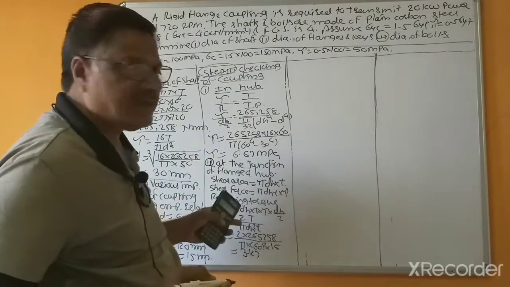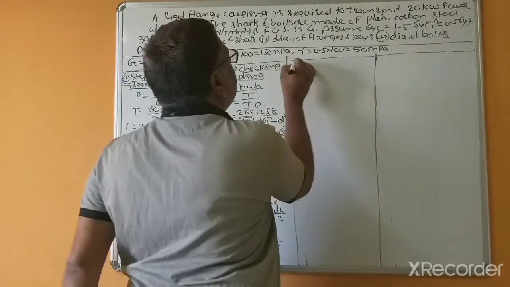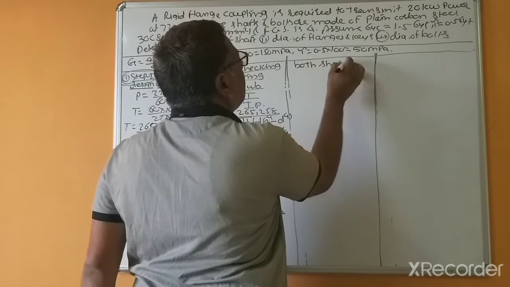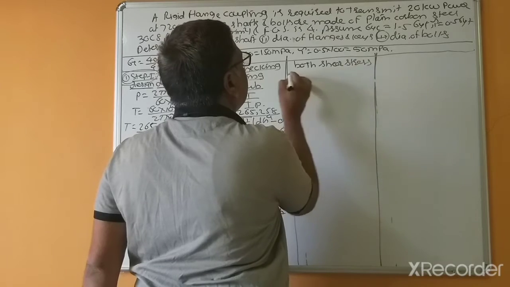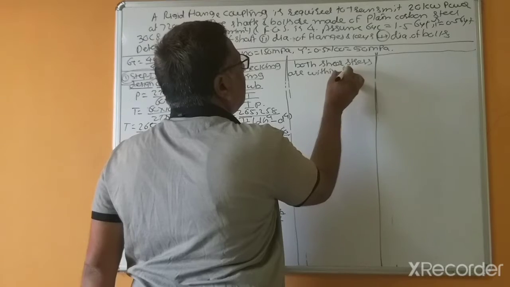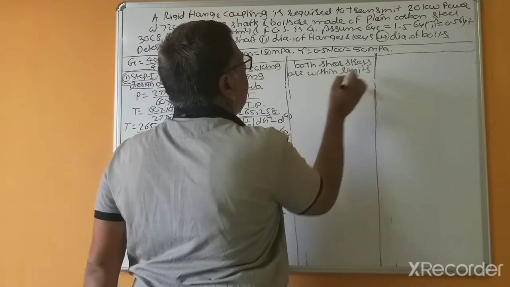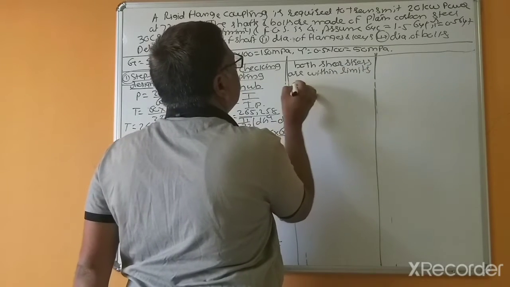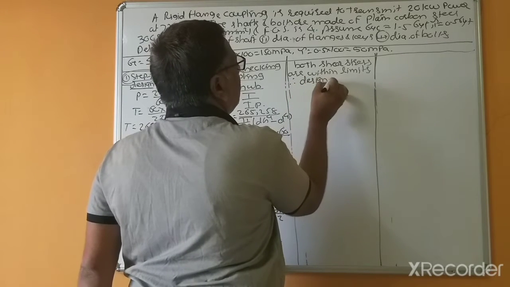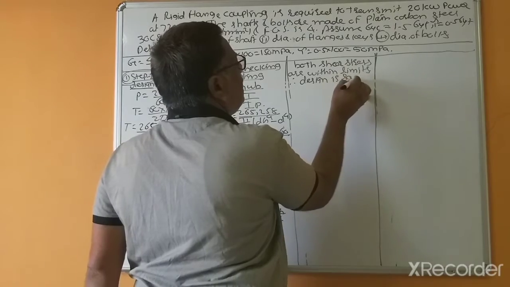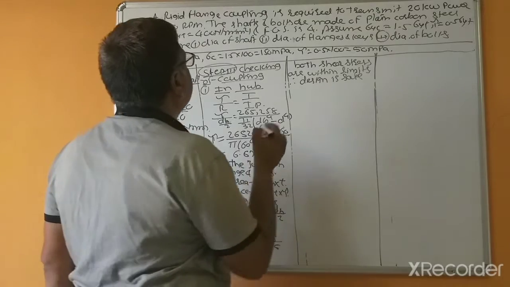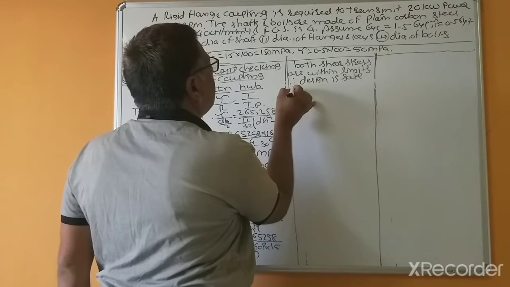That's why both shear stresses are within limits, means design is safe. Generally you will get design is safe, but this is the procedure, that's why we have to follow this procedure. Third step.